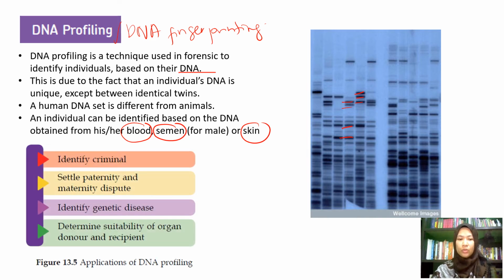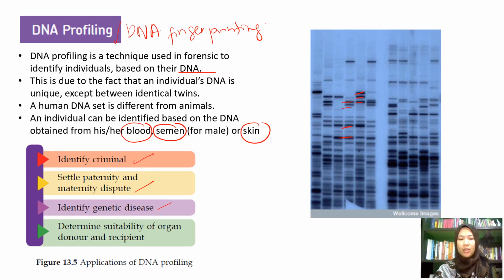Okay, so the applications of DNA profiling or DNA fingerprinting: identify criminal. Okay, settle paternity and maternity dispute. Contohnya kita tak tahu anak siapa. Nak tentukan DNA, so boleh tahu. Check paternity, siapa bapa anak ni, siapa ibu anak ini. Okay, identify genetic disease.